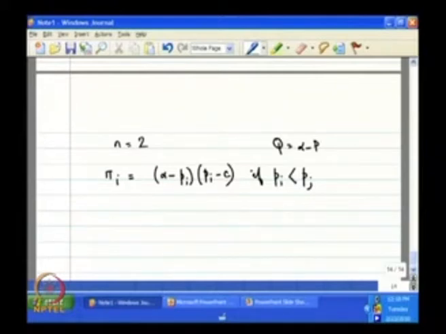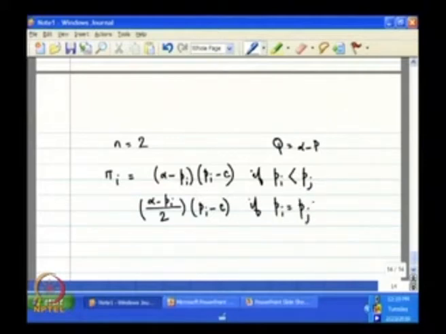So this first term within the bracket, alpha minus Pi, each firm will get only half of that, which means that this is going to be alpha minus Pi divided by 2 multiplied by Pi minus c, if Pi is equal to Pj.